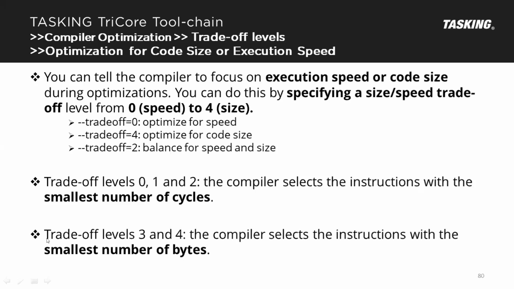And if I select a trade-off value of 3 or 4, which is more in the direction of size, the compiler will select the instructions with the smallest number of bytes in order to generate the smallest ELF file possible.